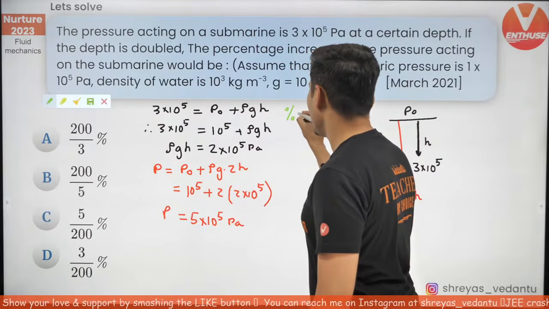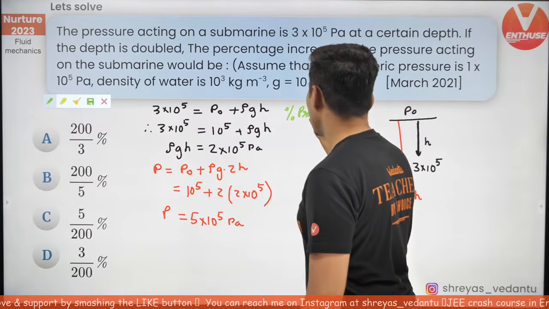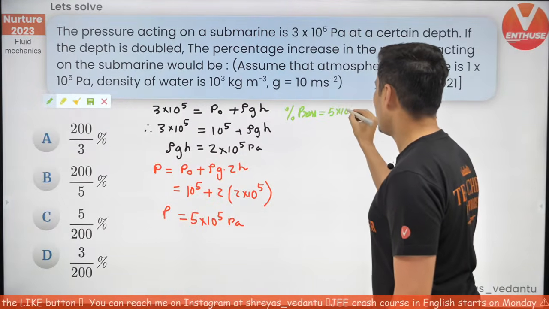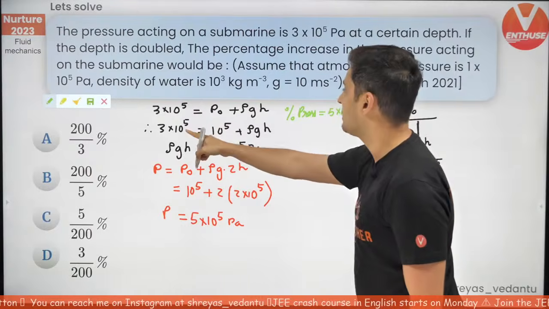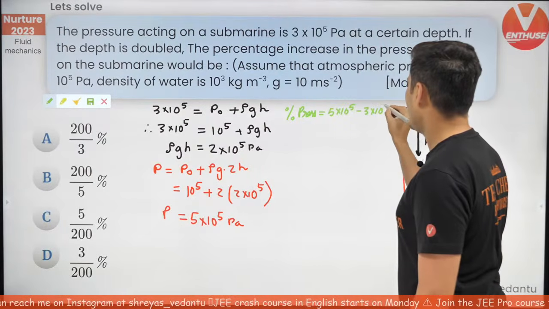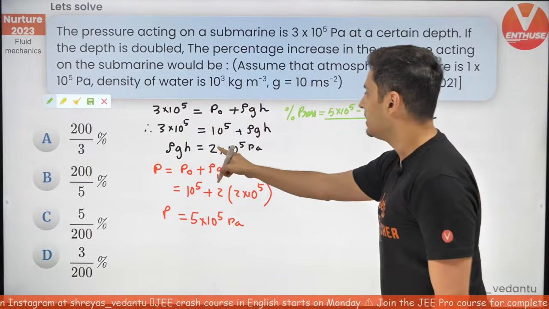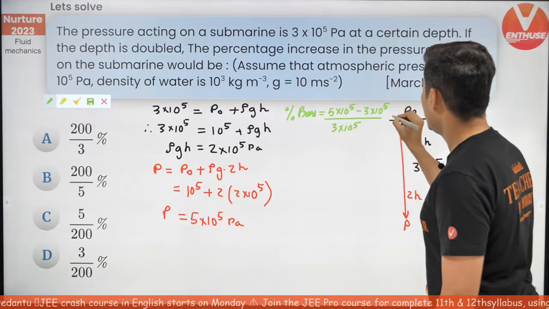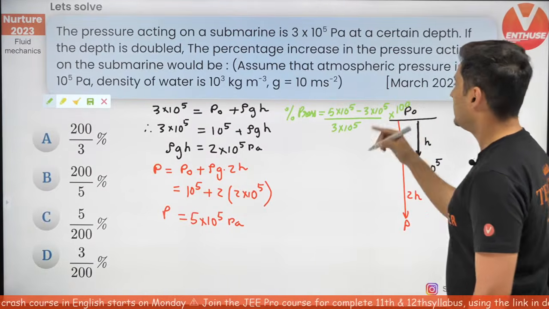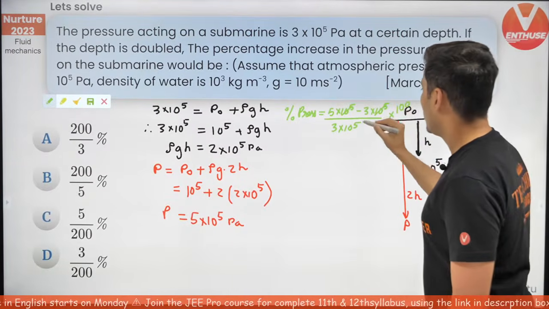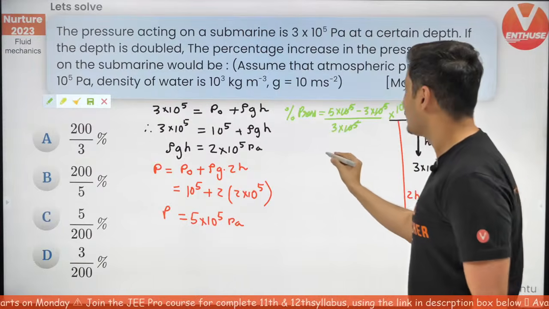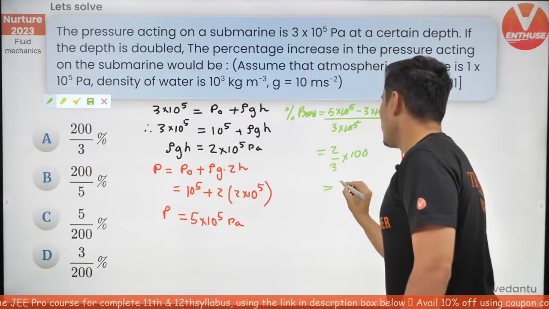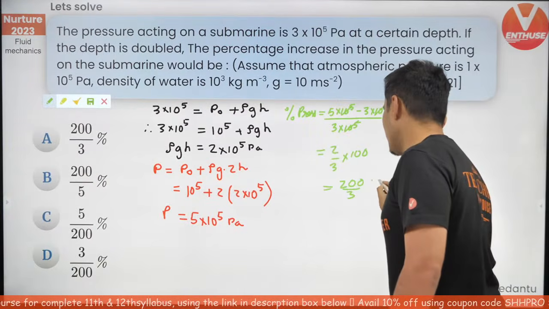So percentage change in the pressure will be final pressure 5 into 10 to the power 5 minus initial pressure 3 into 10 to the power 5 divided by initial pressure, which was again 3 into 10 to the power 5, into 100. 10 to the power 5 gone. 5 minus 3 guys, 2. 2 by 3 into 100. 2 into 100, 200 by 3 percentage.